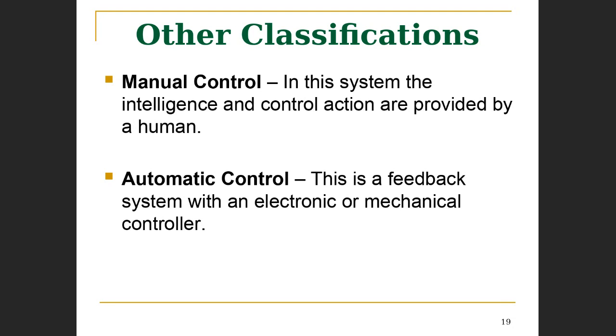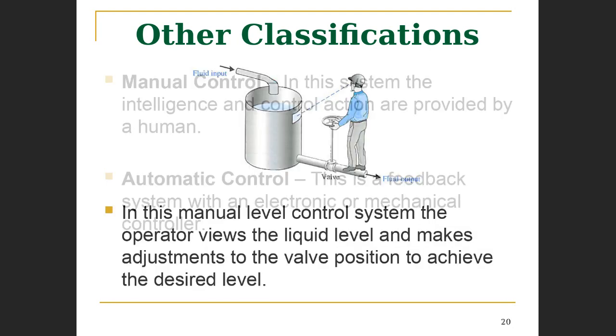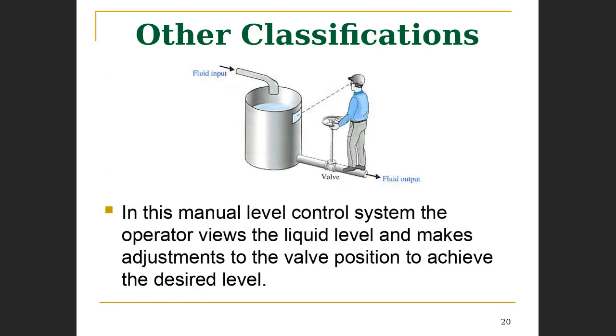Now, in manual systems, like this one here, we have the level of a tank being maintained, okay? Now the operator is viewing a sight glass and he's making adjustments to a valve so as to maintain the correct level.